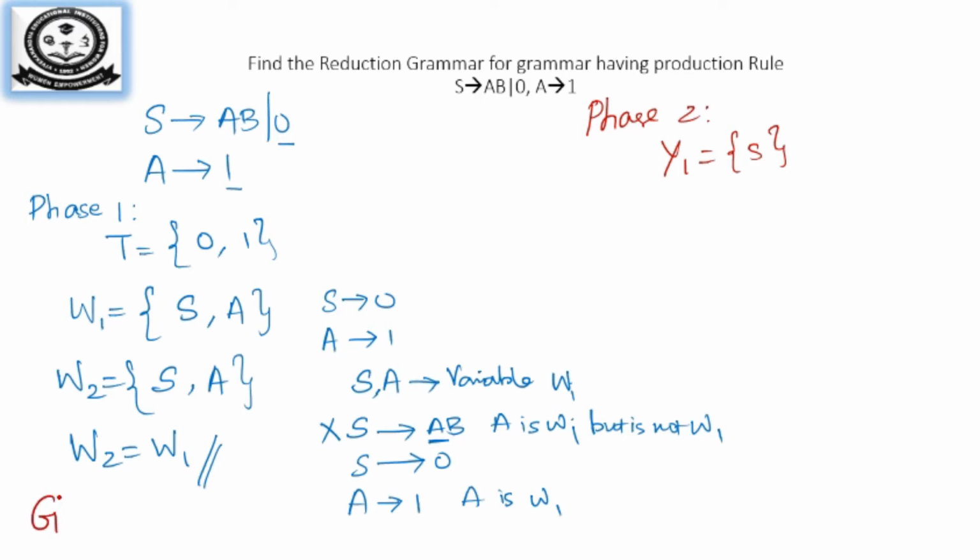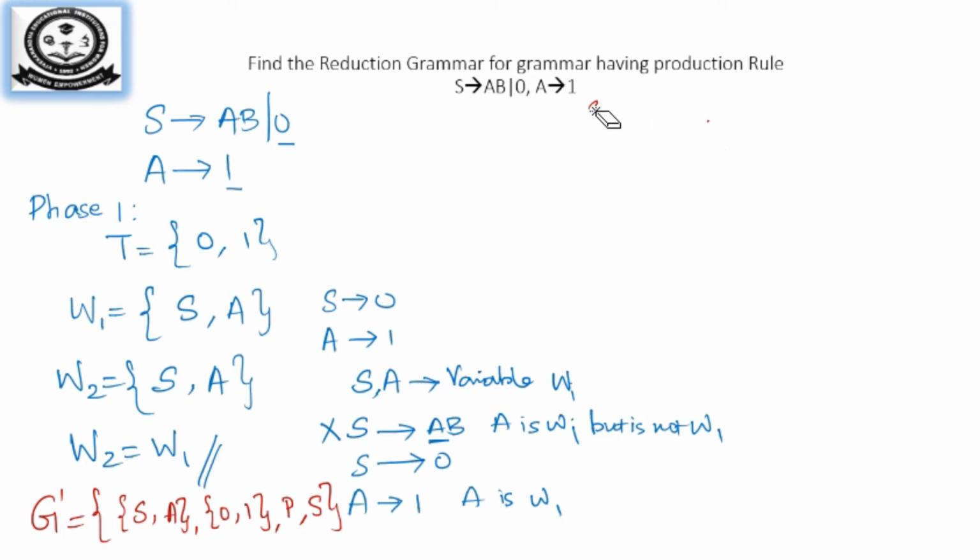Here G dash, which is derived from phase 1, consists of two non-terminal variables S and A with the terminal symbols 0 and 1, the production rule P and the start symbol S. The production rule for G dash will consist of only two productions: S tends to 0 and A tends to 1.